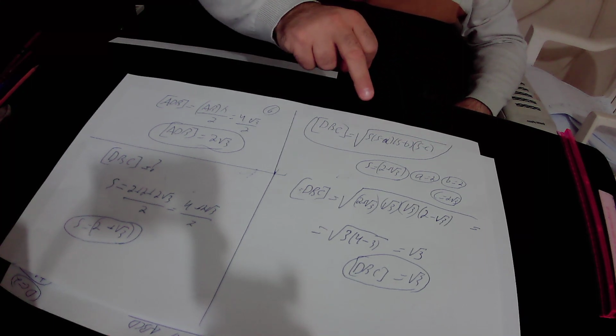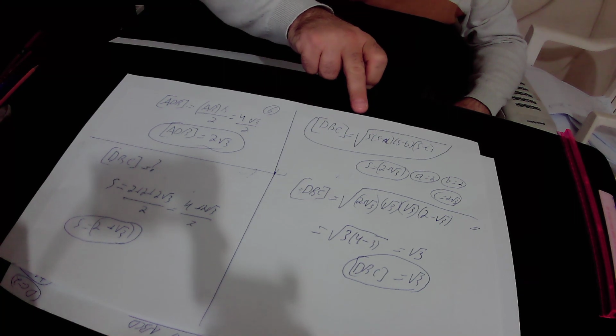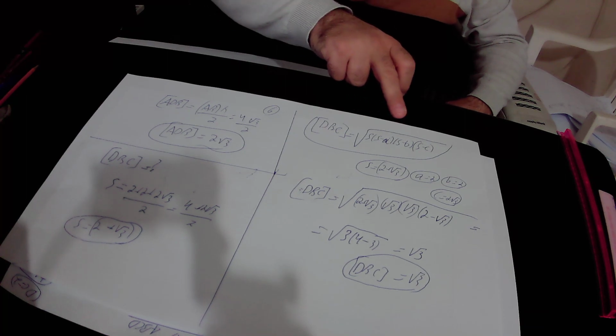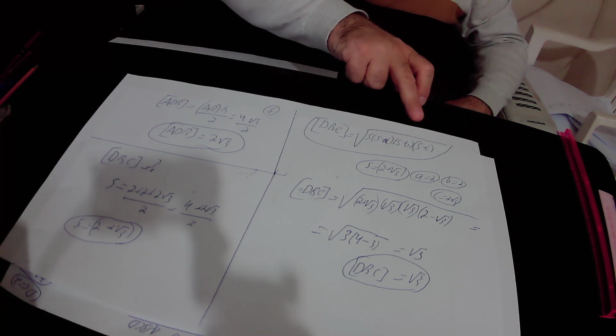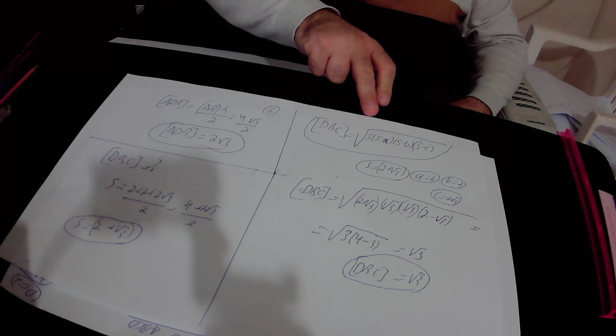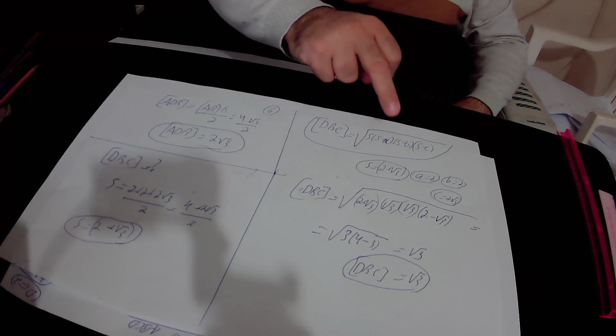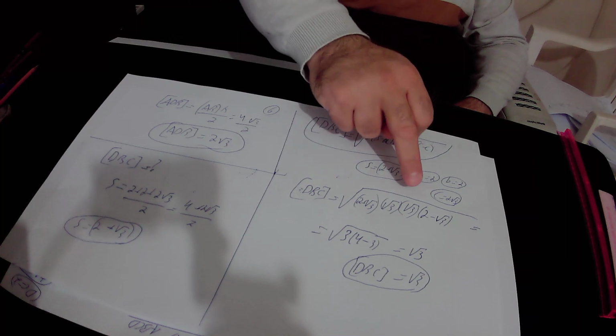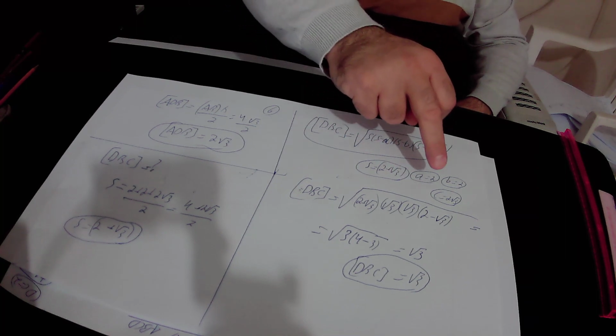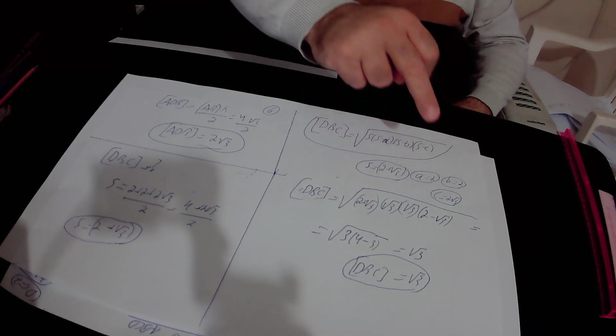We put the data inside this equation for the area of triangle DBC. The area of triangle DBC equals the square root of S times S minus A times S minus B times S minus C. S equals 2 plus square root of 3 units. S minus A is square root of 3, S minus B is square root of 3, and S minus C is 2 minus square root of 3.